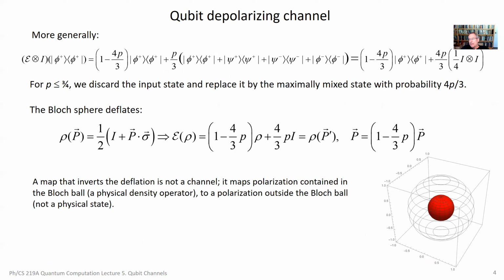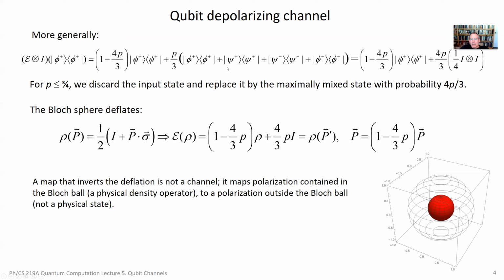Okay, but now that was just for the case where p is equal to 3/4. What about general values of p? Well, let me do the following thing. We already saw how the channel tensored identity acts on the maximally entangled state of our system and a reference system.